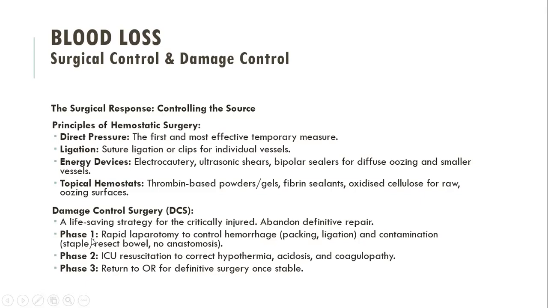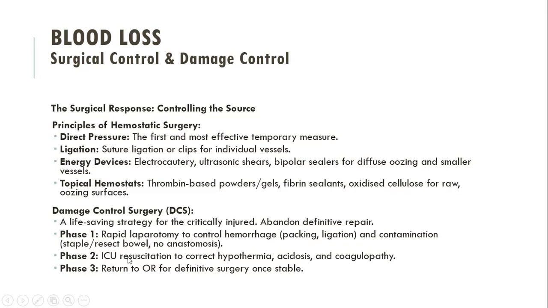In phase one, the surgeon does a rapid laparotomy to control the hemorrhage, by packing or ligating the vessels, and also controls the contamination. It staples or resects bowel, and there is no anastomosis in this.